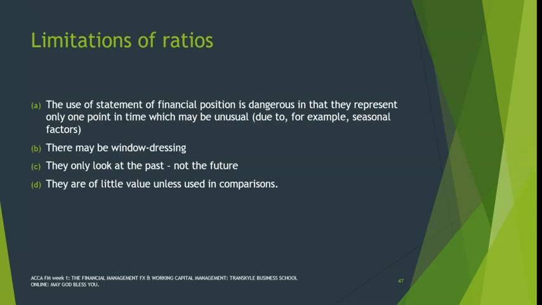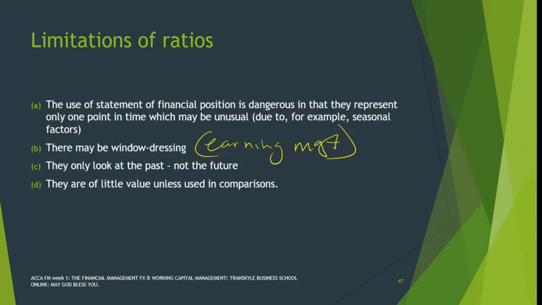There might be a lot of window dressing. Remember, we talked of earnings management. Accountants are creative in the way they do their reporting. So unless well supervised, the process might be manipulated. The ratios only look at the past, not the future.